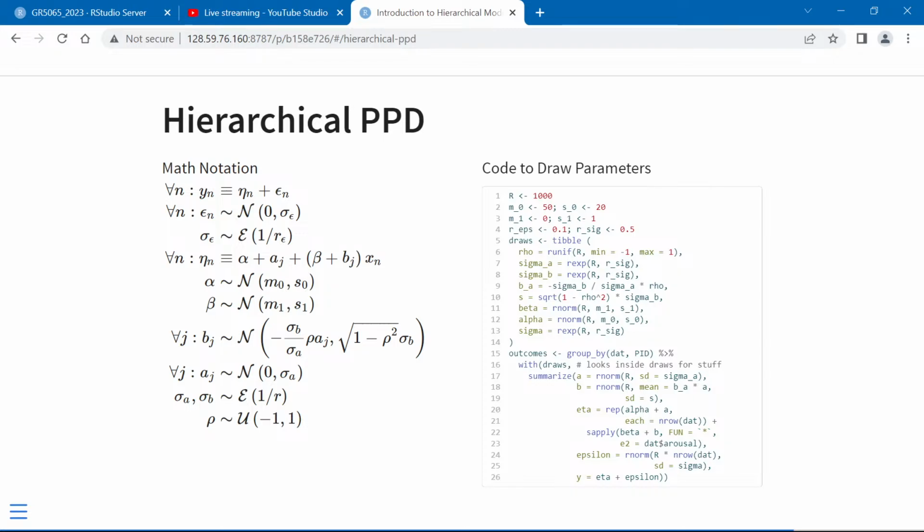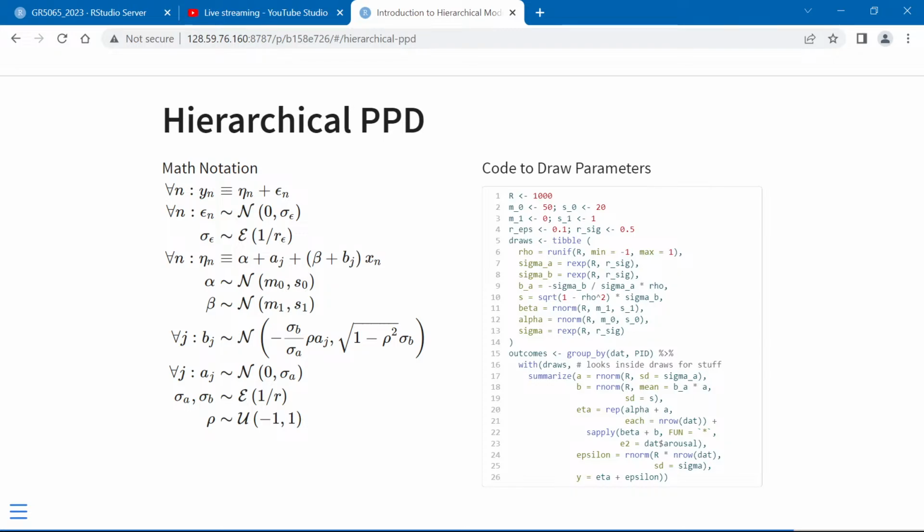And then in order to draw outcomes when we have this hierarchical structure to the data, we're going to have to do a group by statement, grouping by whatever the big units are. Schools, states, people, doesn't really matter. We're going to do these steps for each big group.